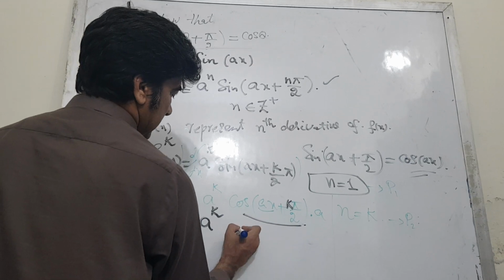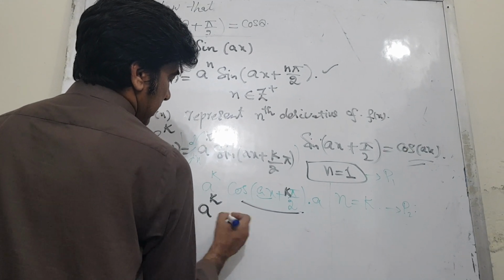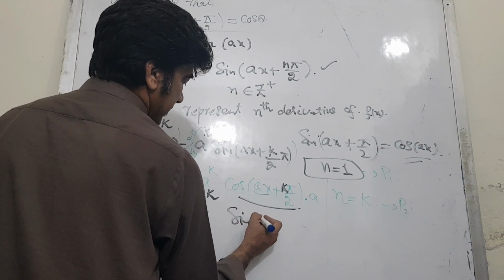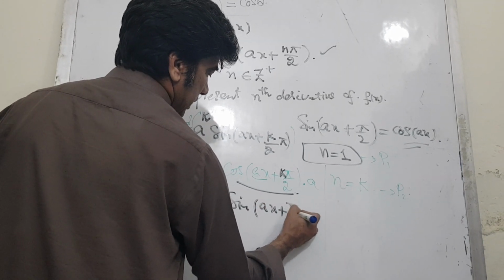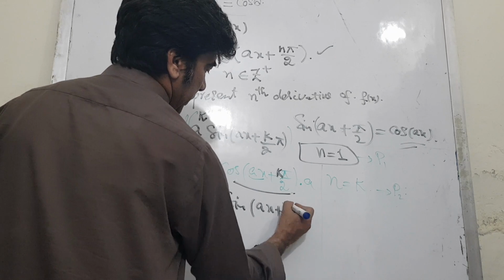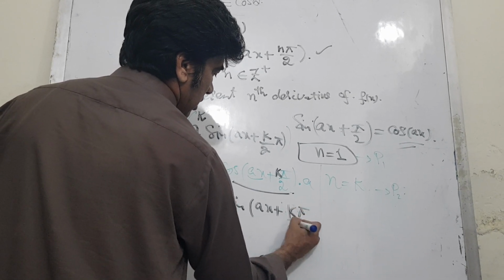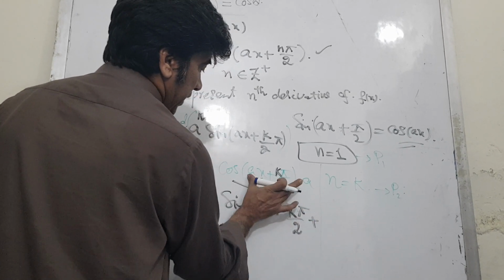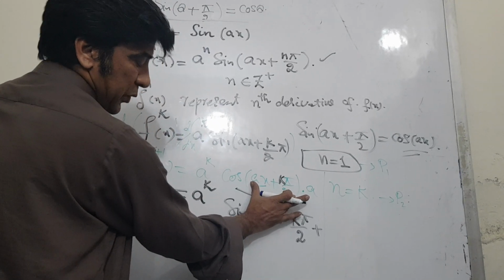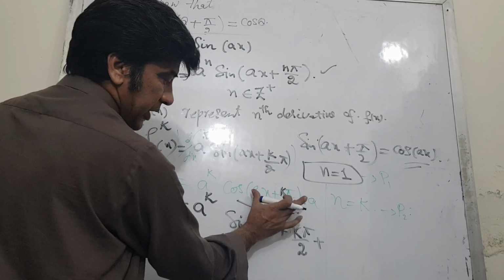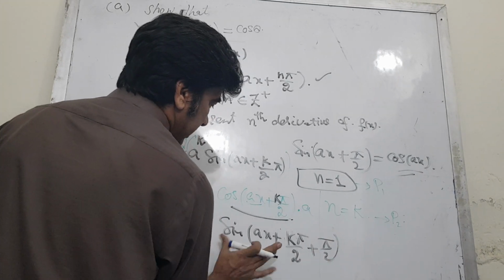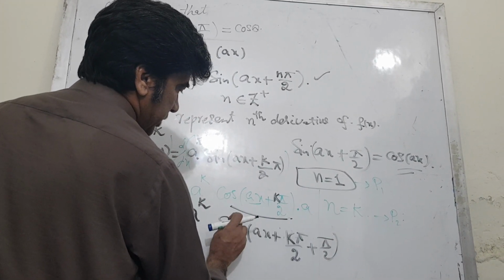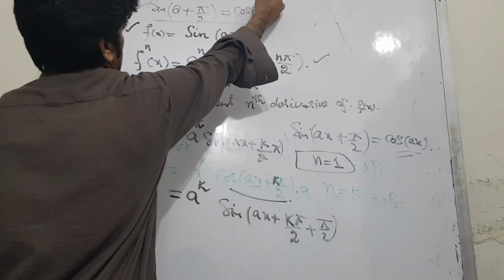If I write sin(ax + kπ/2 + π/2), that is, if I add π/2, a 90-degree angle, to this cos, then this becomes equal to sine, which you already proved there.